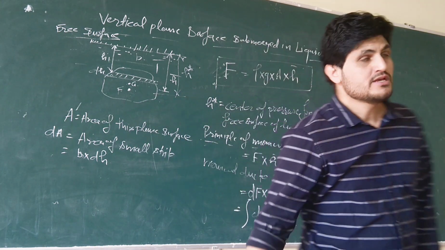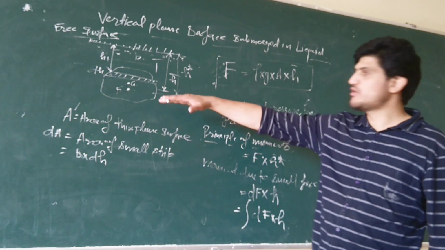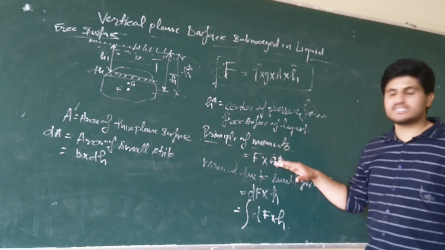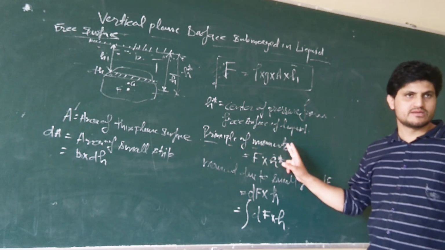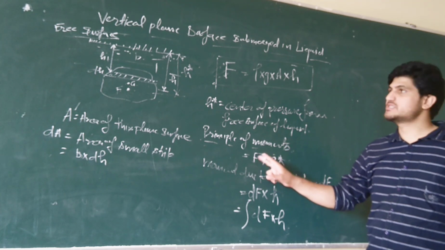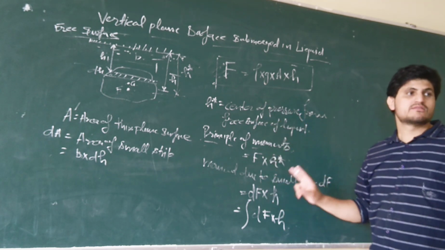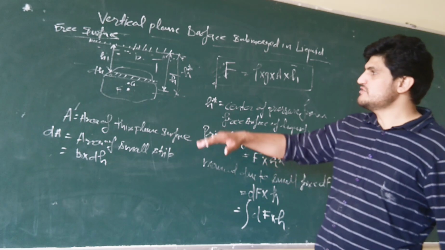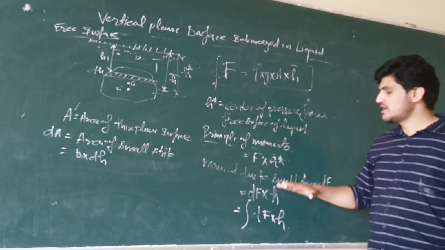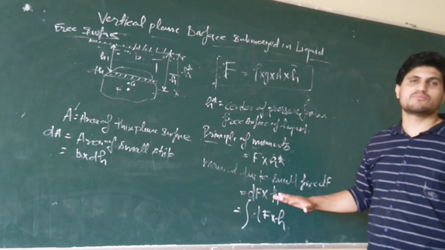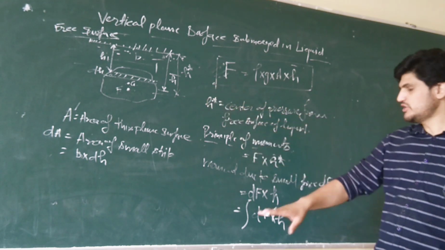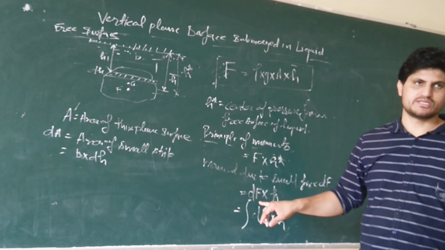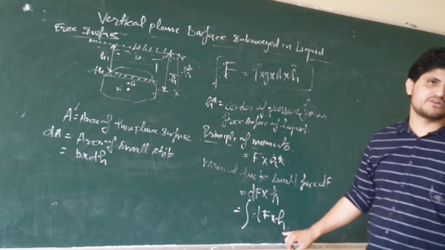This will be the sum of all the moments. The principle of moments states that the resultant moment produced by the resultant force is equal to the sum of the moments produced by the individual forces. The individual force here is dF, so dF into h is the moment produced by this strip. Integration means the sum of the individual moments. So it will be equal to integration of dF into h.